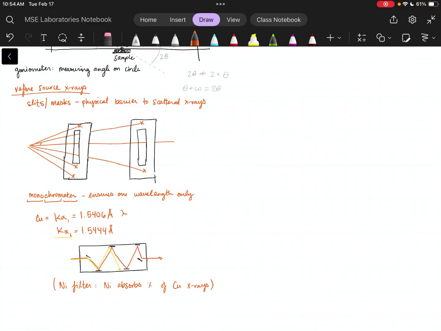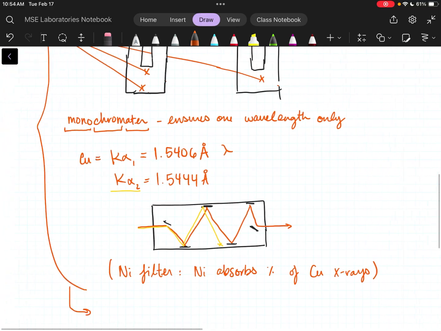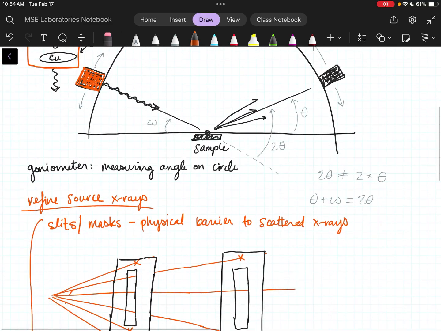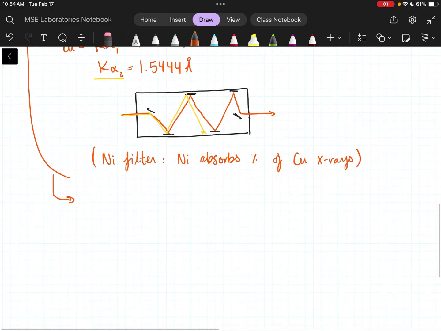And then we actually can have all of the same stuff. I'm zoomed way out because I want to see the whole height. All of that same stuff that can refine the source X-rays can also refine what do we call it?